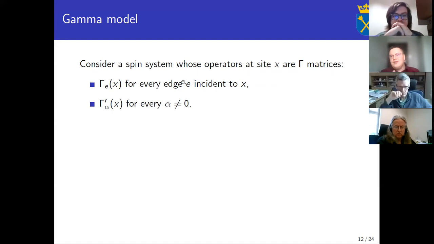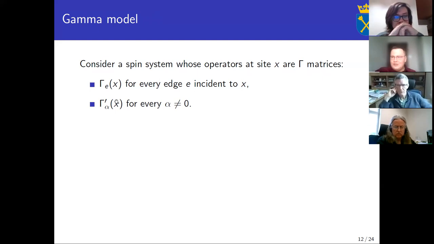So there are as many gamma matrices like that as the neighbors of the lattice site. So for a cubic lattice in D dimensions, there are 2D matrices like that. And furthermore, there will be some second type of gamma matrices denoted with a prime, which have indices alpha, where alpha is not equal to 0.